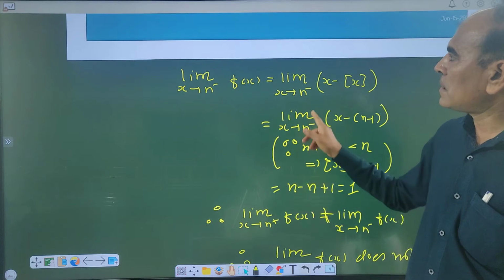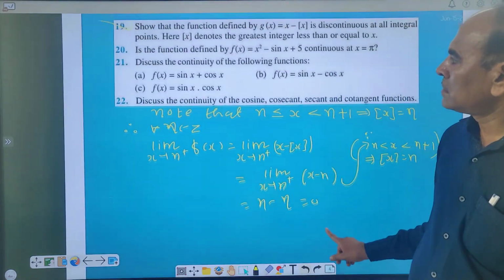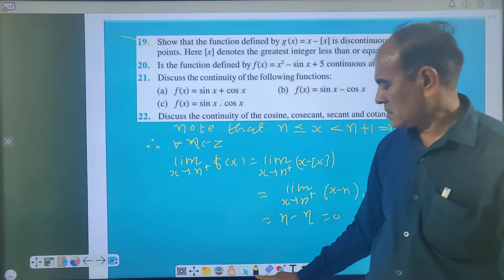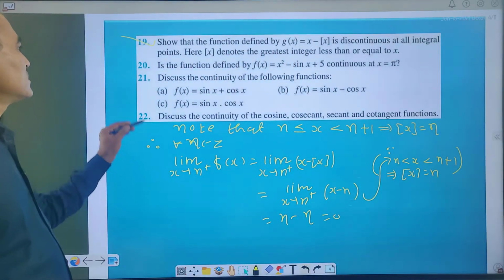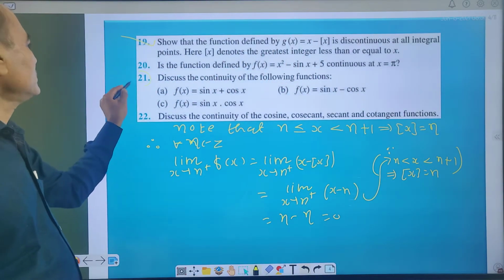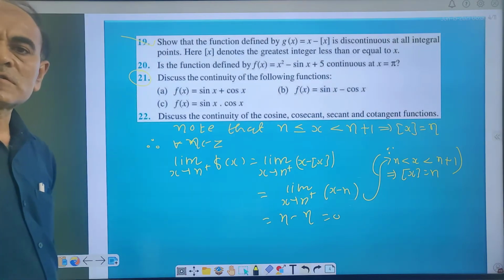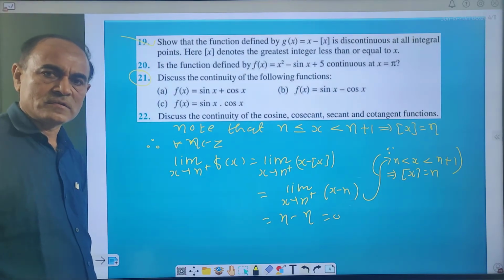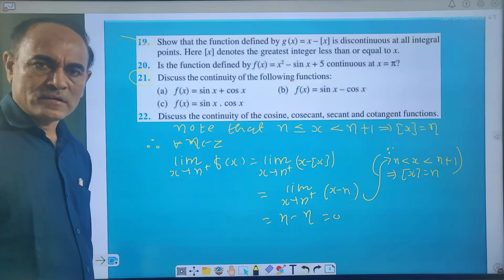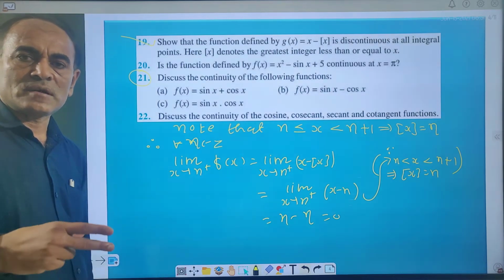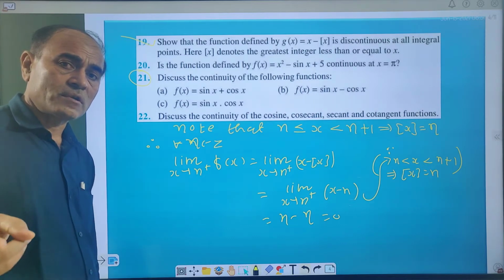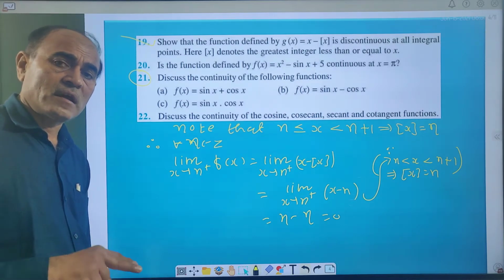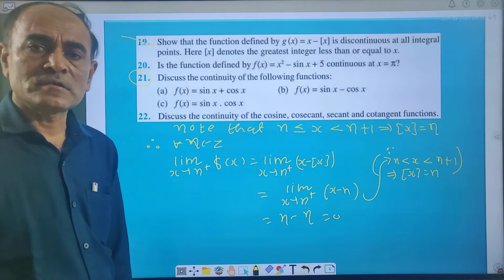Now what is the third part? Here we know that sin x and cos x both are continuous. One liner question. Sin x and cos x both are continuous functions, and we know that the sum of two continuous functions is continuous, the difference of two continuous functions is continuous, and the product of two continuous functions is continuous.